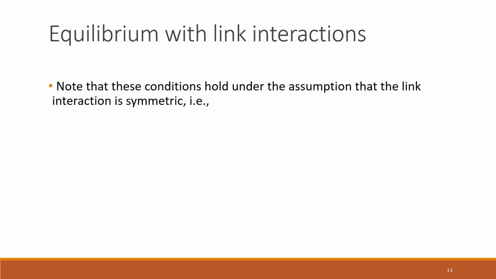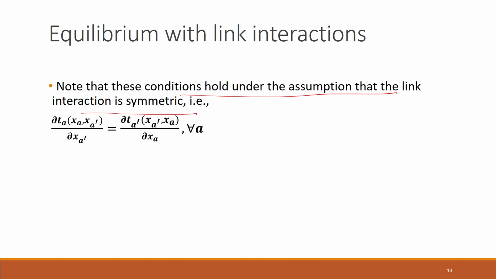Now, it should be noted that these conditions hold under the assumption that the link interaction is symmetric. That is, the derivative of the travel time function on link A with respect to the flow on the opposite link is equal to the derivative of the travel time on the opposite link with respect to the flow on the given link A. Because if you remember, when we were trying to determine the derivative of the objective function with respect to the flow on link B, then we had used this symmetry condition.